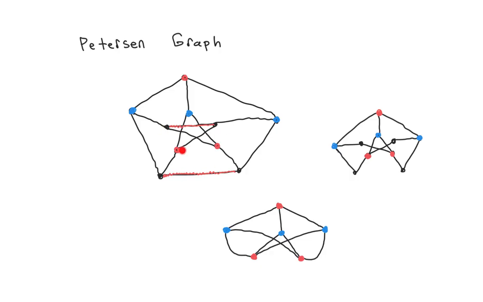And the point is, from this red vertex, you can take this path to the blue vertex. For this red vertex, you can take this path to this blue vertex, and these already have paths to this other third blue vertex, and you start to see that you have K33 in here as a topological minor, and therefore the Petersen graph is not planar.